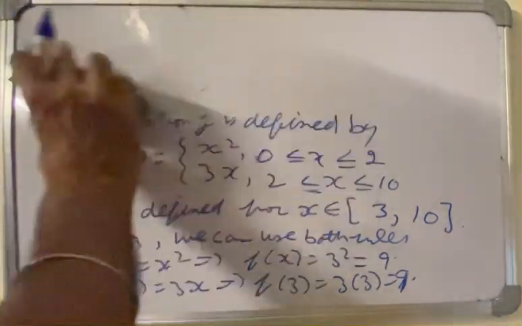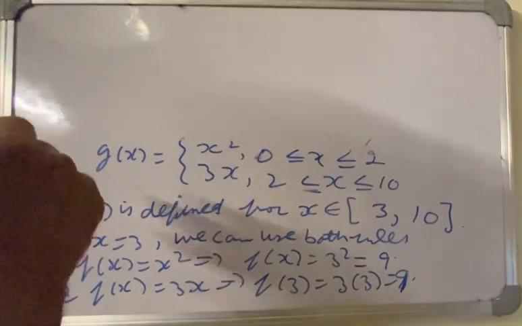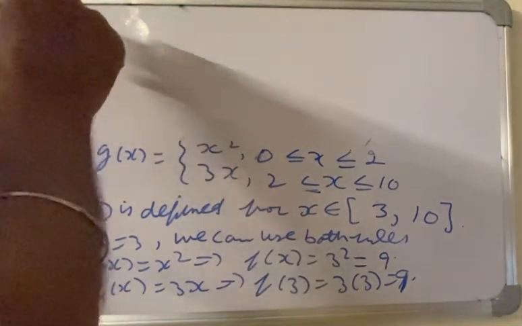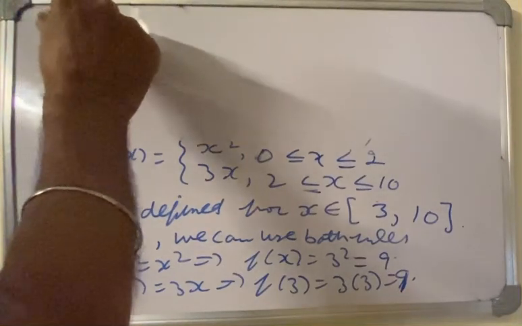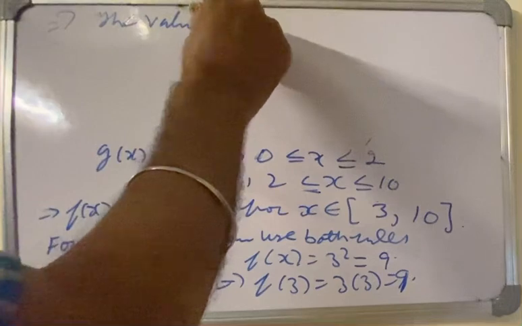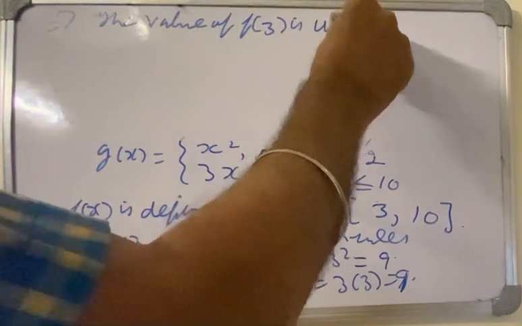Therefore, the value of f(3) is unique. Why?